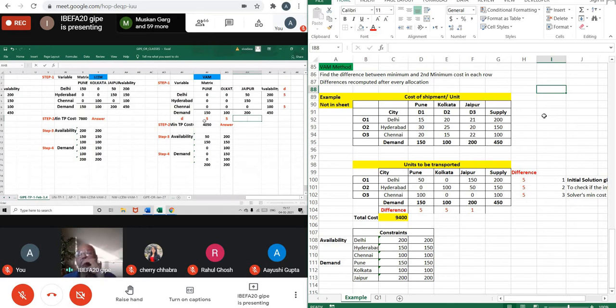Choose any one. So we could choose Delhi. 150 I can give to Pune. So I don't want the difference of this, I don't want the difference of this, and only left is 100, which is Kolkata.